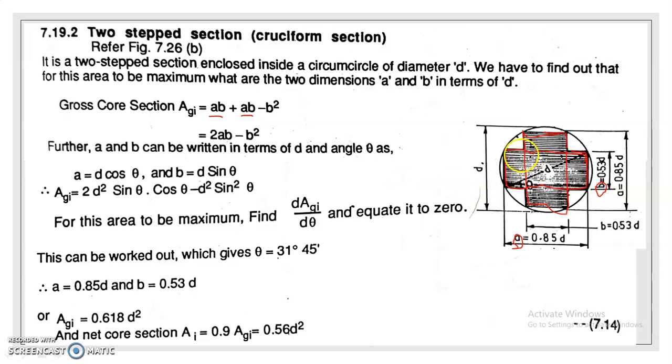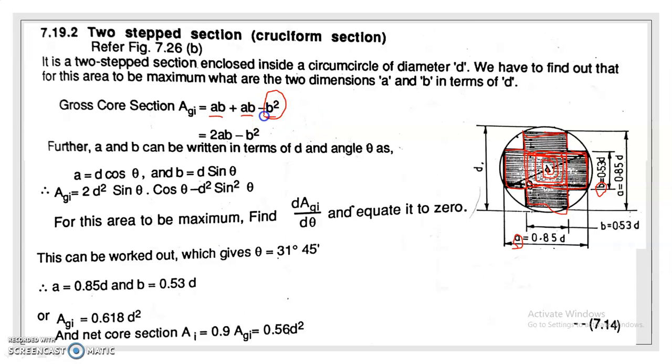But the middle portion is overlapping for both these rectangles, so we have to subtract it from the overall area. This has a height of b and a width of b again, so that area is nothing but b square.